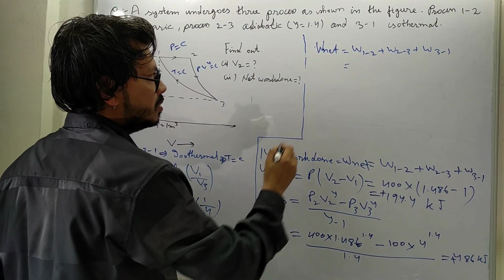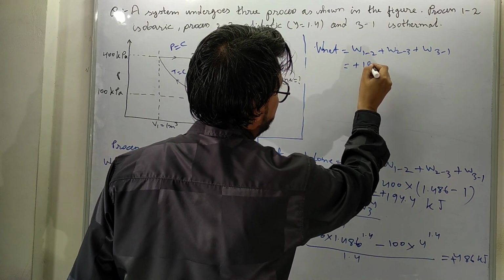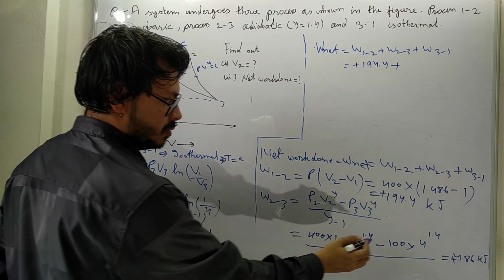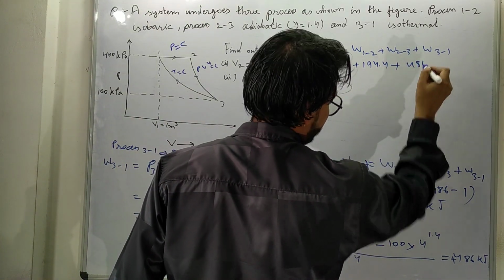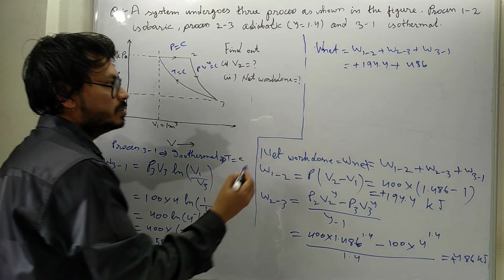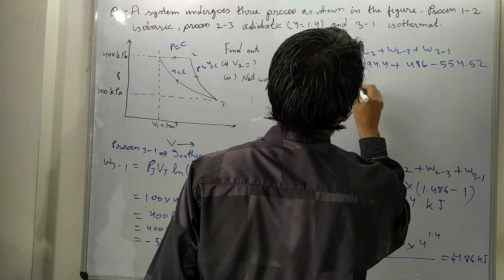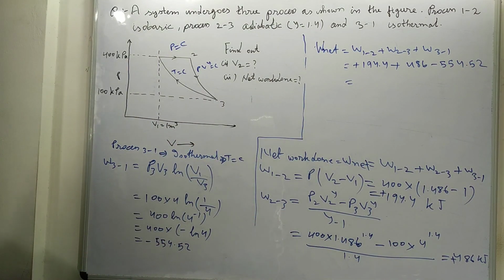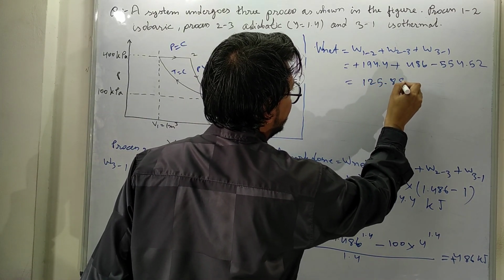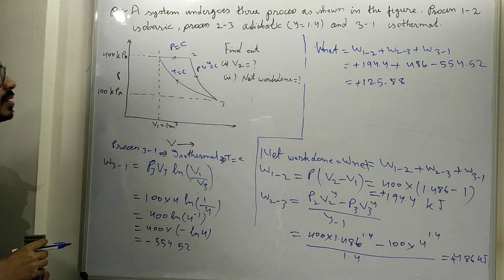For the process 1 to 2 we have the value as plus 194.4, plus for the process 2 to 3 we have the value as 486, and for the process 3 to 1 we have minus 554.52. On solving we get the value as 125.88. This is a positive value, so we have got the net work done as positive.